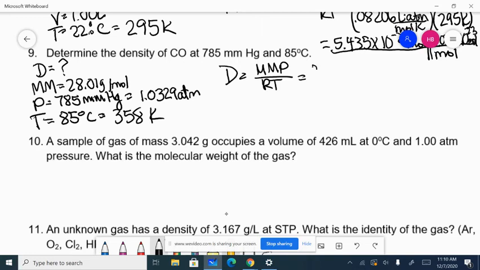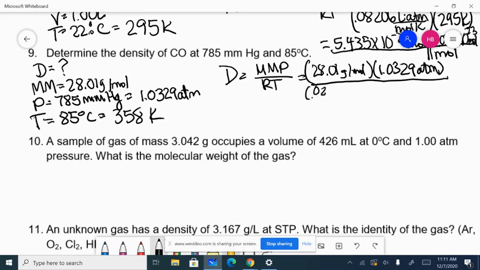So density, and then we're just plugging in 28.01, 1.0329, R, and T. Grams per liter is my units. All good.